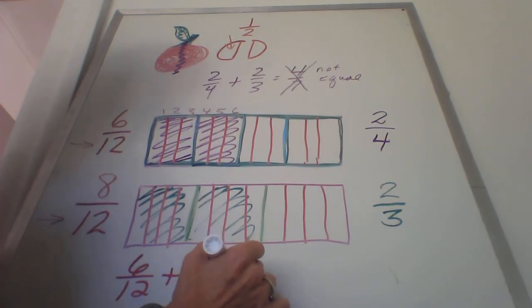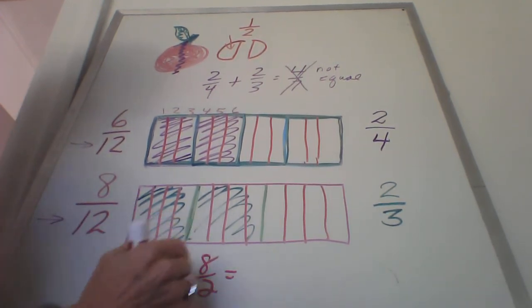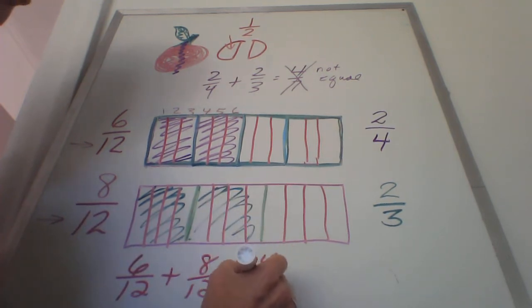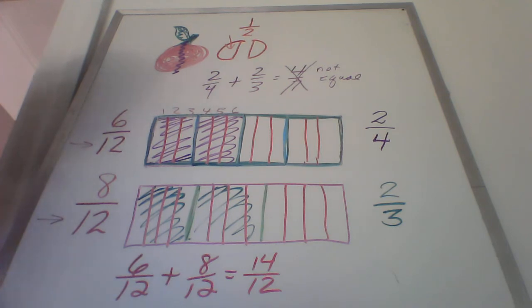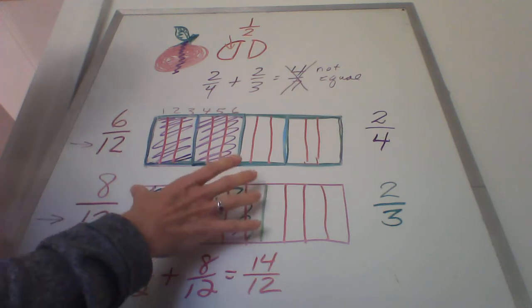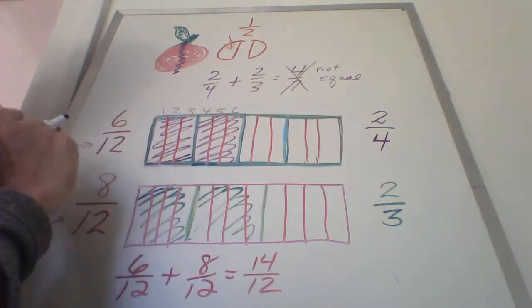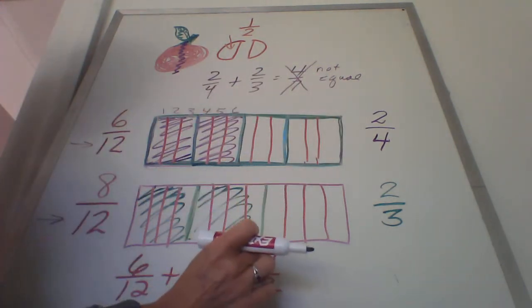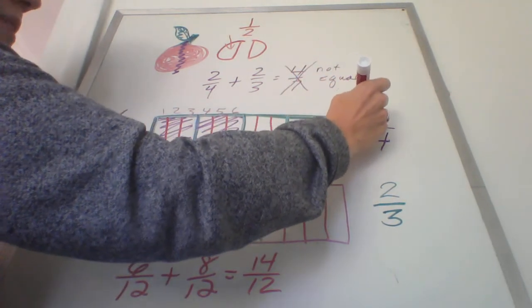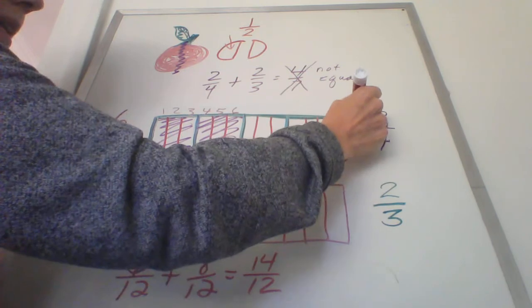when I add, and in fractions you add only the top, that gives us 14, and we keep the bottom, giving us 14 over 12. This is called an improper fraction because the top is larger than the bottom. And if we took this chunk and added it on here, 14 goes past 12, so we'd have 2 more that would have to go on and be added here.